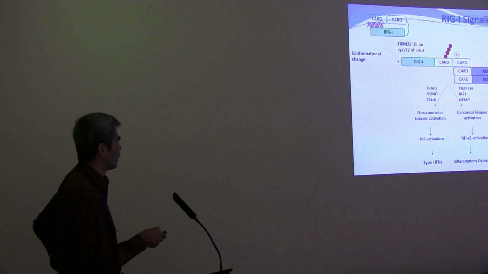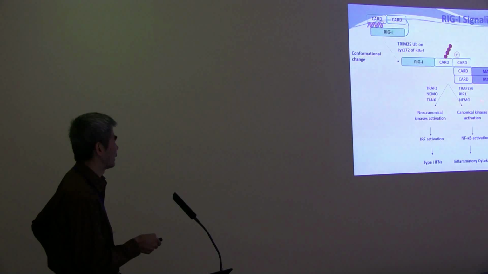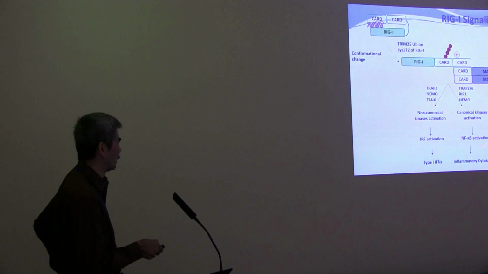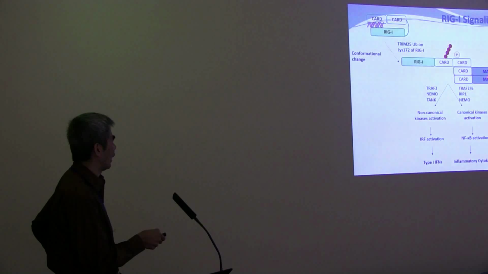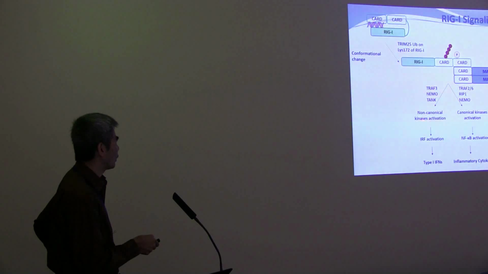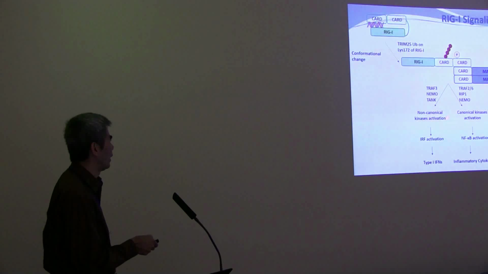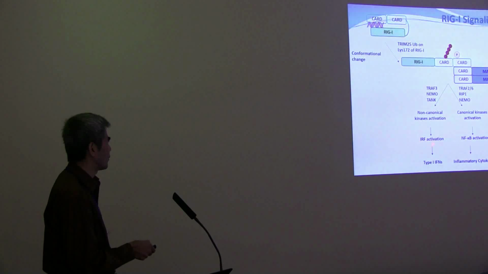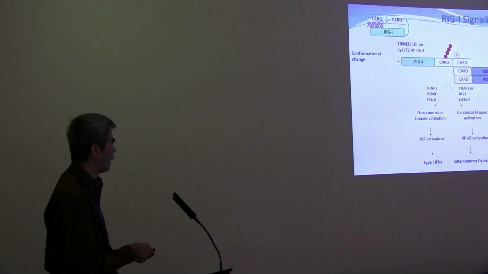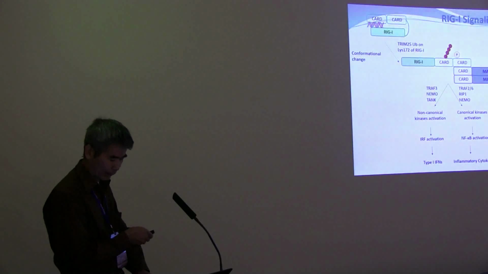This can activate the canonical IKK kinase and activate NF-kB and induce inflammatory cytokines. The activated MAVS can also recruit TRAF3, NEMO and TANK, and this will activate the non-canonical kinases TBK1 and IKK epsilon, which will activate IRF3 and IRF7 and induce type 1 interferon production.